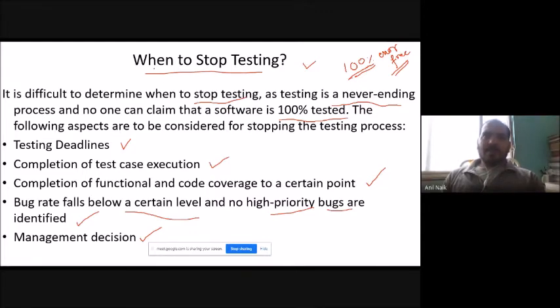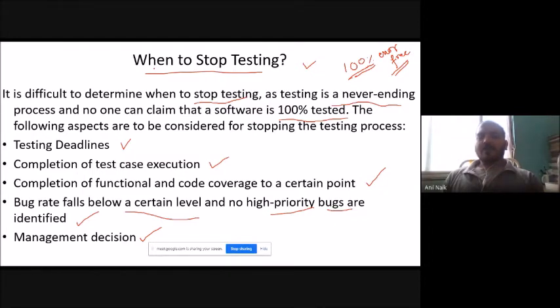So it's very difficult. This is the end of the testing process. At some point we have to take a decision, as per the testing deadlines or completion of the test case executions. Suppose all the test cases of that particular software are executed or covered, then we can stop the testing process.